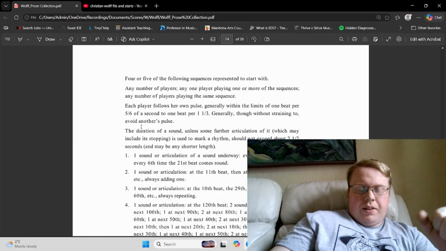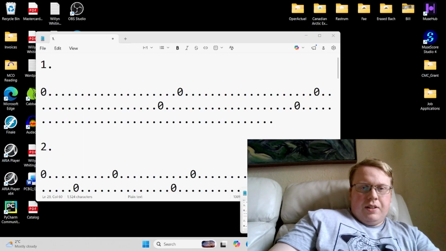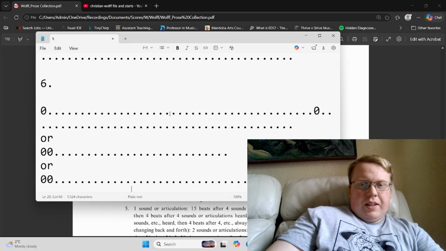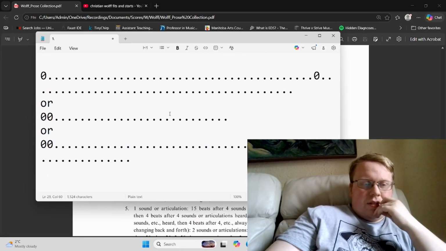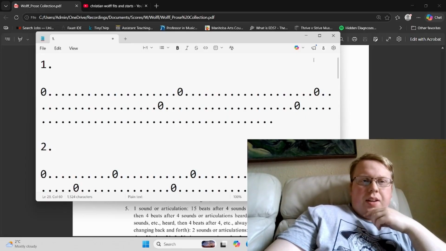Maybe you can, right? I think the resulting thing sounds very free, but as you can see, just mapping out all these different things, they're very specific. And yeah, so that is Fits and Starts.